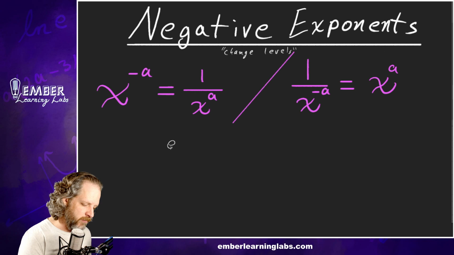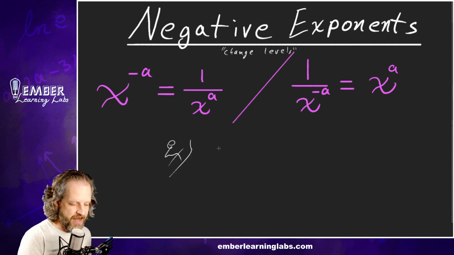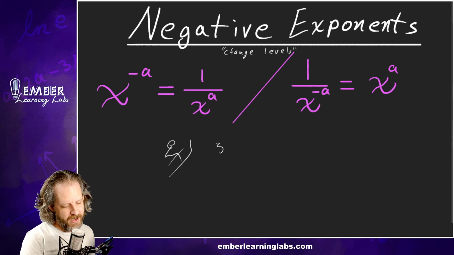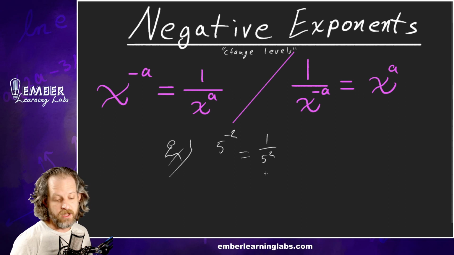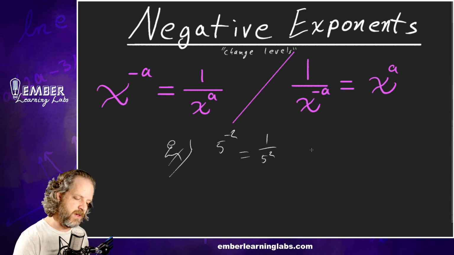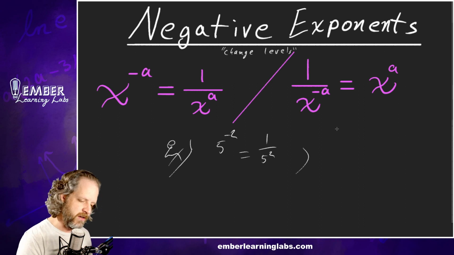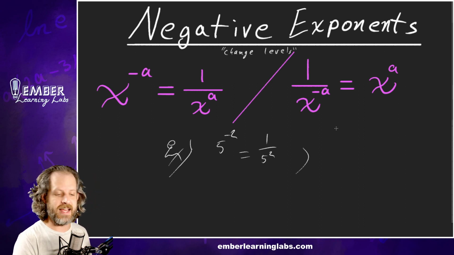So a couple of little mini examples for this. Something like if we have 5 to the negative 2, that would equal 1 over, so the 5 goes down, 5 squared, which in that case would equal 1 over 25, right? Or if we have something like, let's change it up a little bit, let's add a layer to our example.